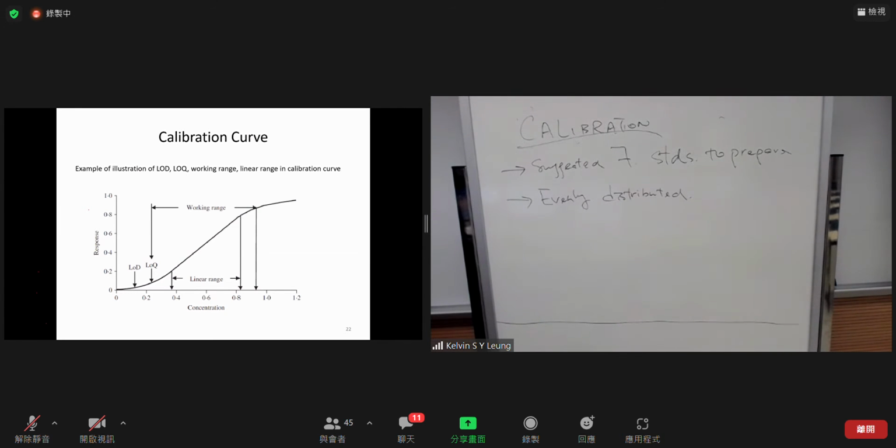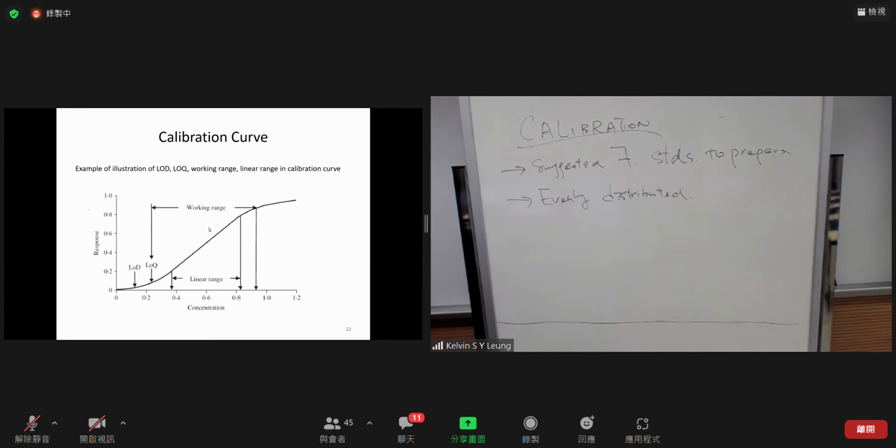Across this range you will prepare, let's say, 7 concentrations across 0 to 1.2. This is the calibration standard that you have to prepare, and in a certain range it gives you a linear range.